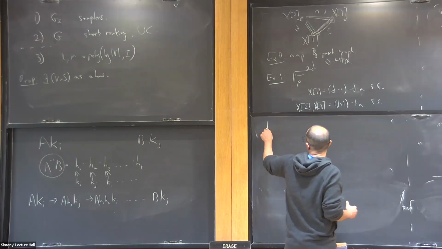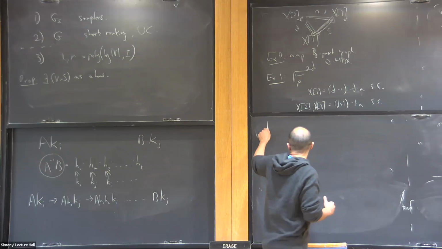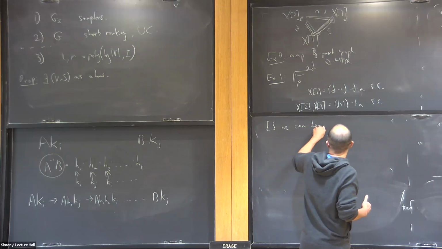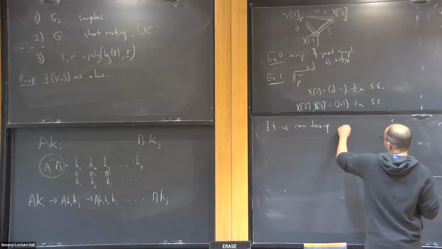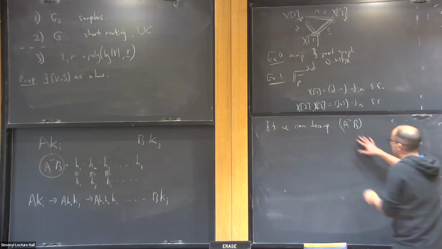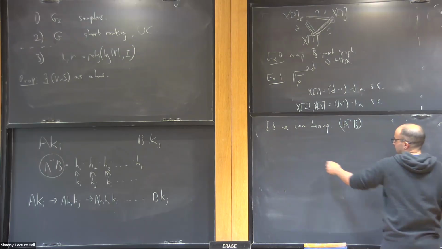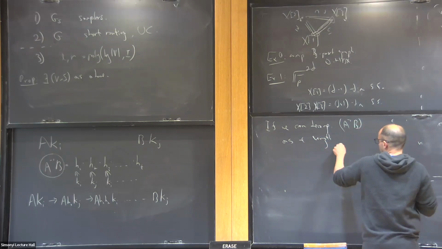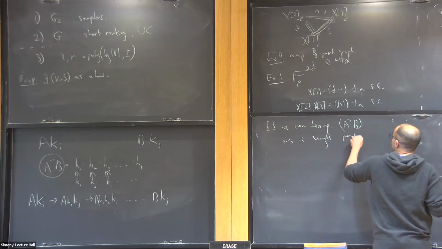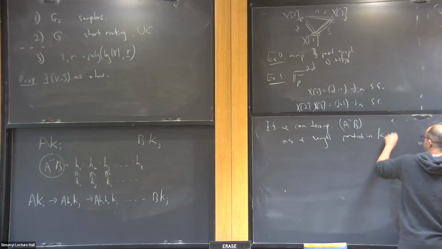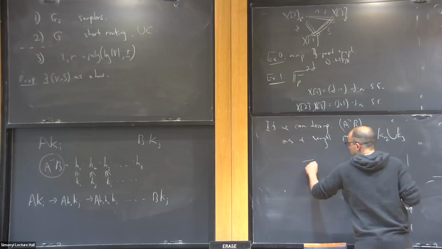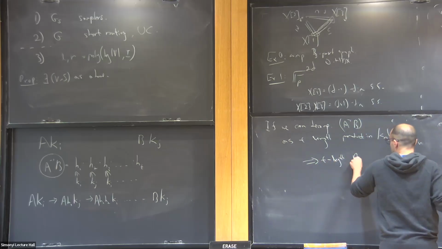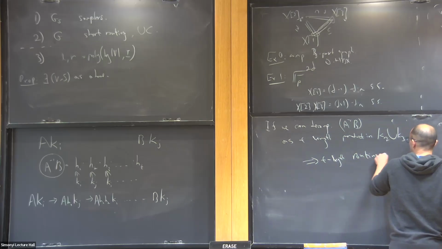Let's say if we can decompose every element, this is just a general element, as a T length product in K2 and K3, then this will give me a T length routing scheme.